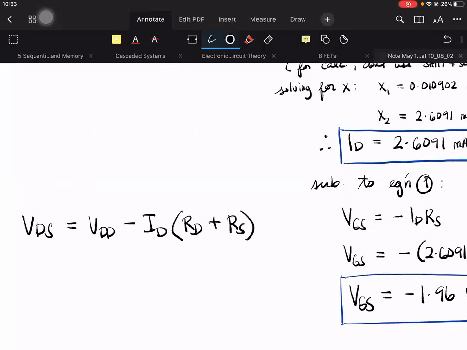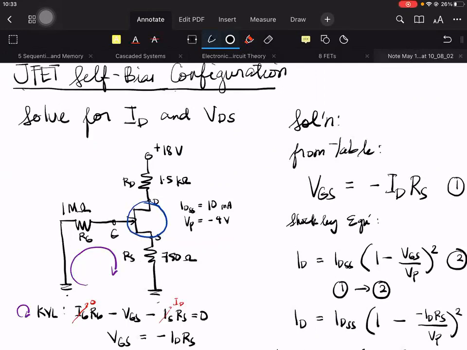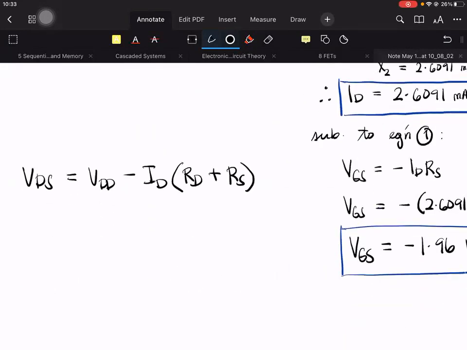For sure, this is obtained by KVL here: VDD minus ID RD minus VDS minus IS RS. But because ID is equal to IS, we can combine RD and RS.